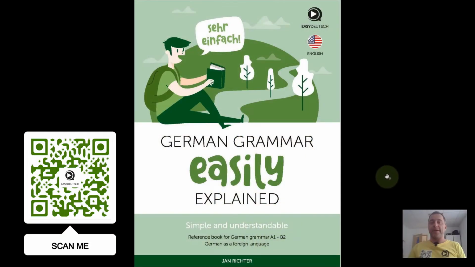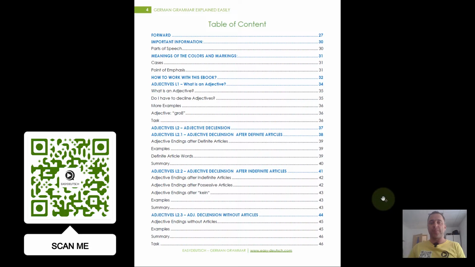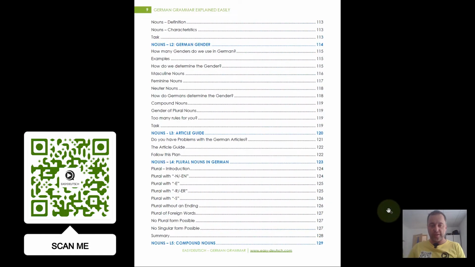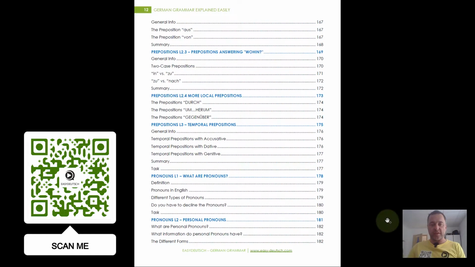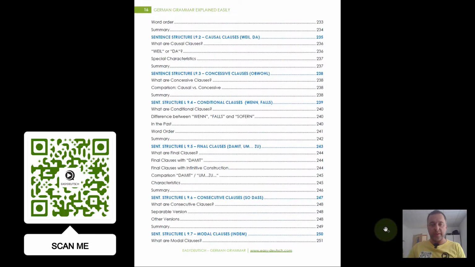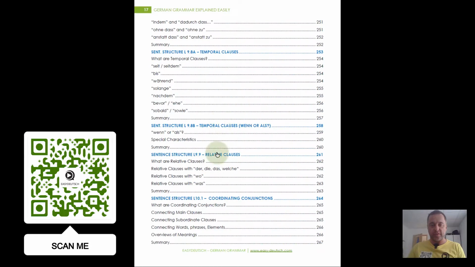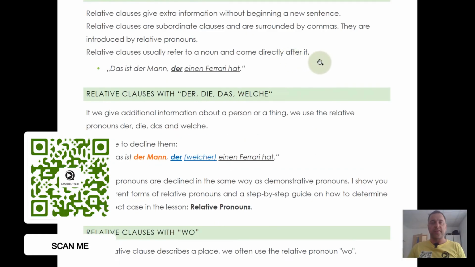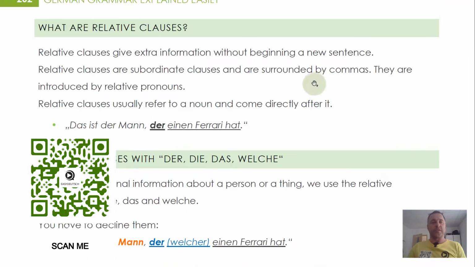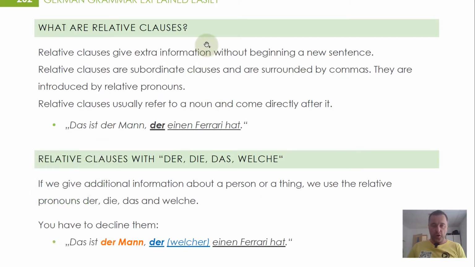So we're here now in my ebook, German Grammar Explained Easily. Today's topic is relative clauses. So let's jump right to the topic here in my table of content, relative clauses. So let's zoom in. First question, what are relative clauses?